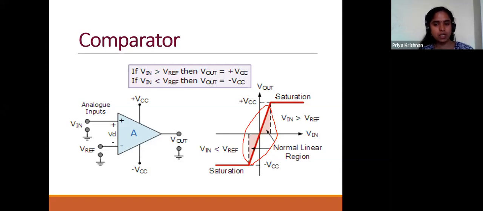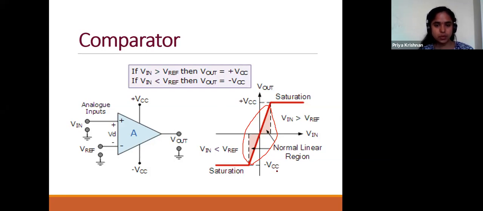If you apply 15 volts to your op-amp and V in is greater than V reference, then you will go to plus 15 volts at the output. If V in is less than V reference, then you will go to minus VCC, that is minus 15 volts.